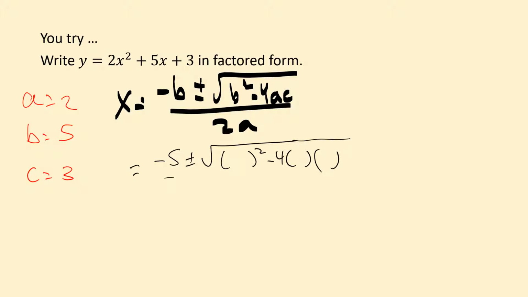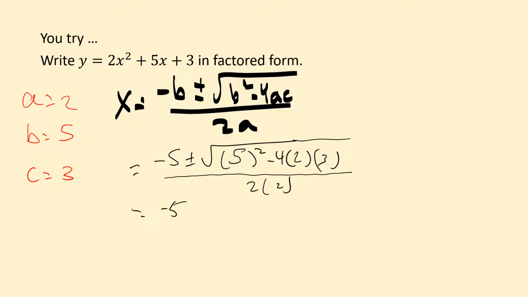Reason being, especially with b squared, if you have a negative base you need the parentheses if you're using a calculator. Otherwise a TI-34, 84, whatever, will give you an answer that you do not want, but it will give you the answer that you're asking it to do. So you've got to enter it correctly, and having those parentheses in there will make you do it correctly. So that's b squared, 5 minus 4 times 2 times 3, all over 2 times 2.